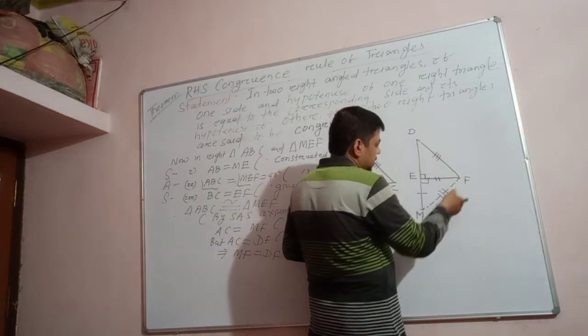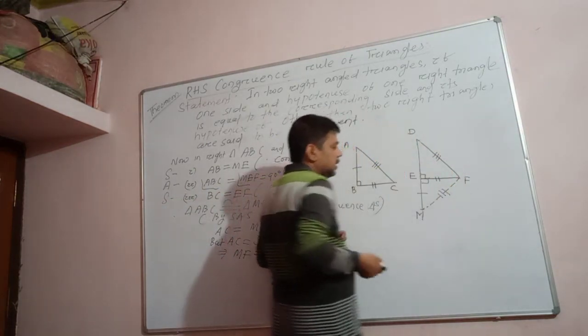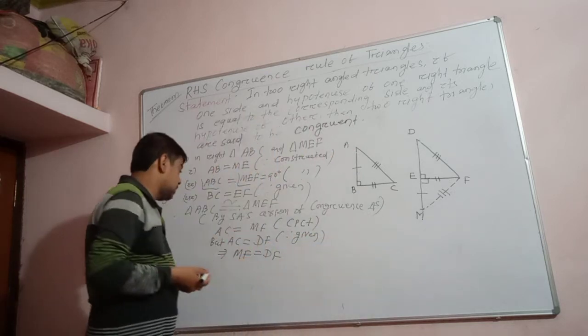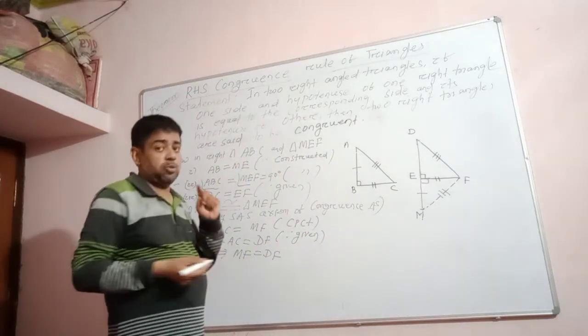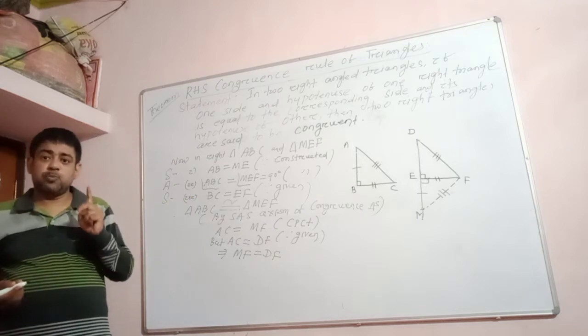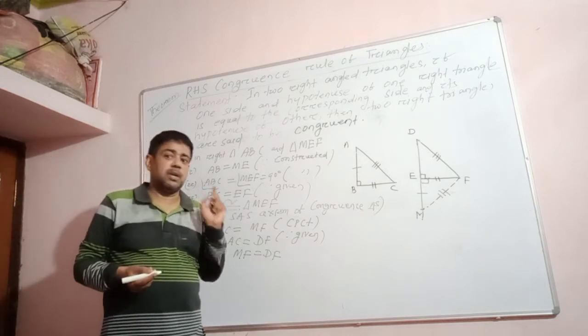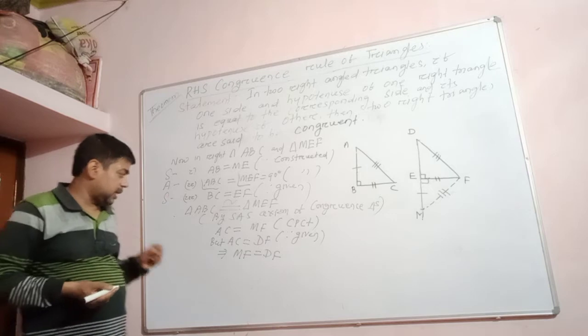Now this triangle will be an isosceles triangle. In an isosceles triangle two sides are equal, so we know that the angles opposite to equal sides are equal. That is a property of triangles.